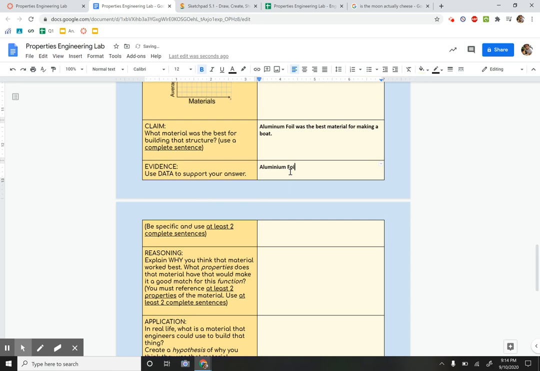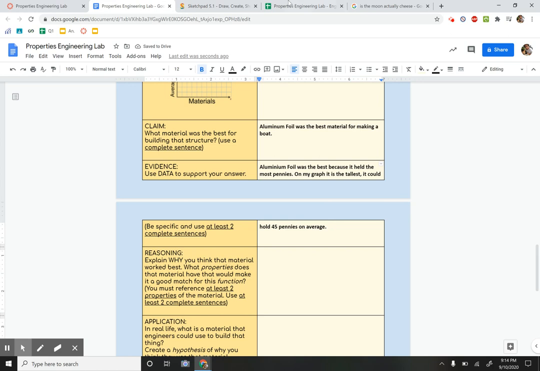All right, aluminum foil was the best because it held the most pennies. On my graph, it is the tallest. It could hold 45 pennies on average.